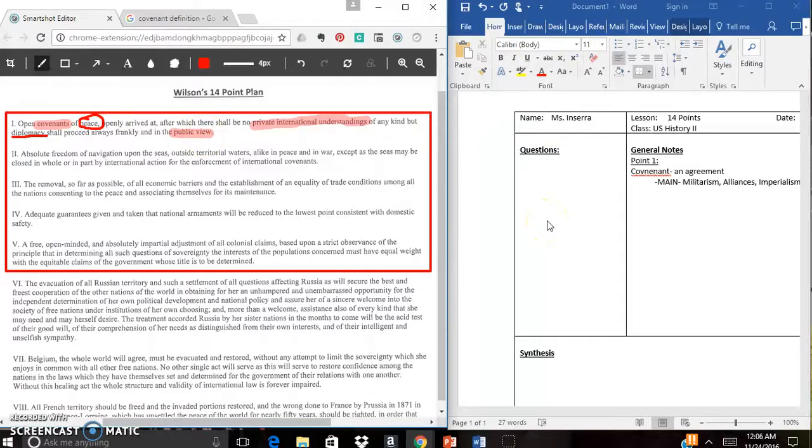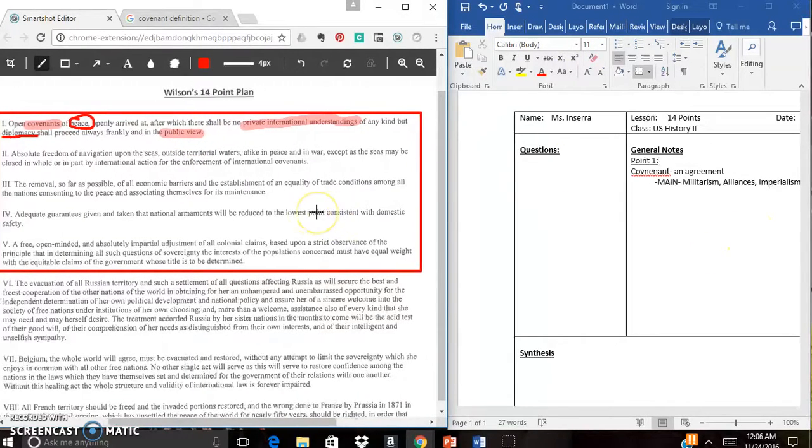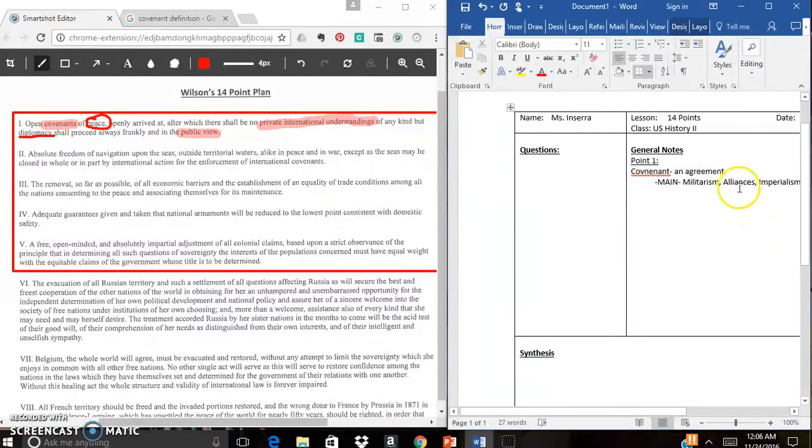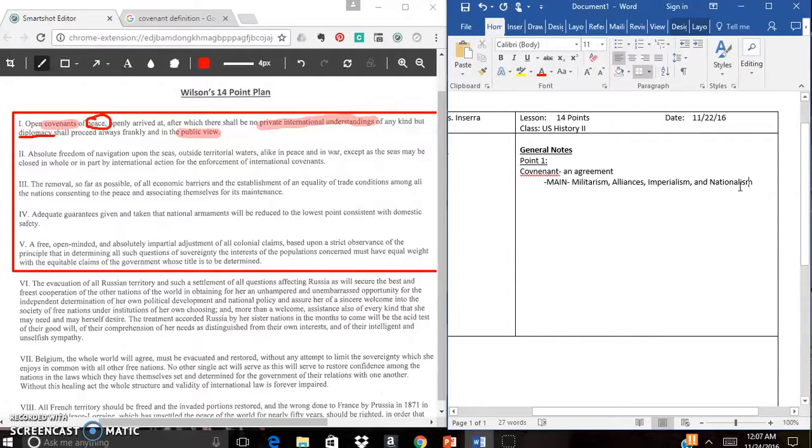If we're talking about our main causes, this is most likely related to the numerous secret alliances that were formed previously before World War I started. So we could probably make that assumption right here. Most likely dealing with alliances.